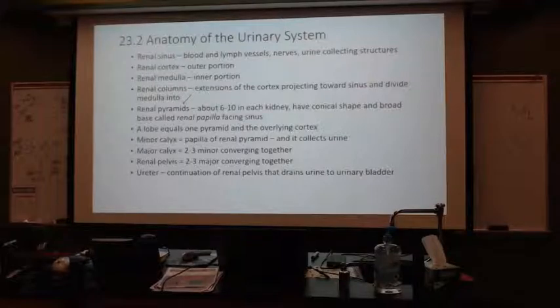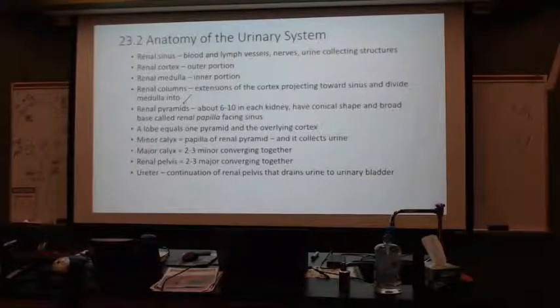Now, the models are not great, okay? But if you look really close, you can see a little bit of difference in color between this outer portion that's going to be our cortex, and then this portion that has all these little red pyramids in it, that's my medulla, the inner portion, okay?